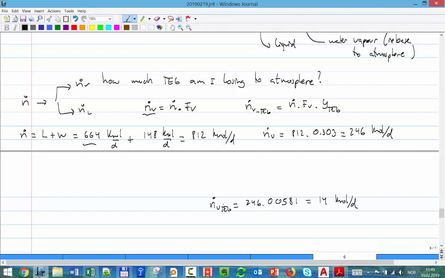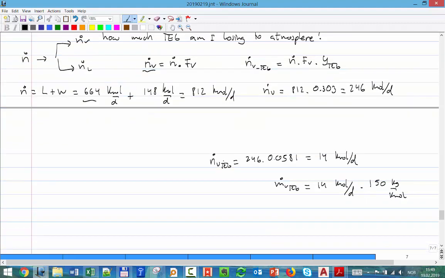How much is that in kilograms, for example, that I'm losing? That's 14 kilomole per day times 150 kilogram per kilomole.